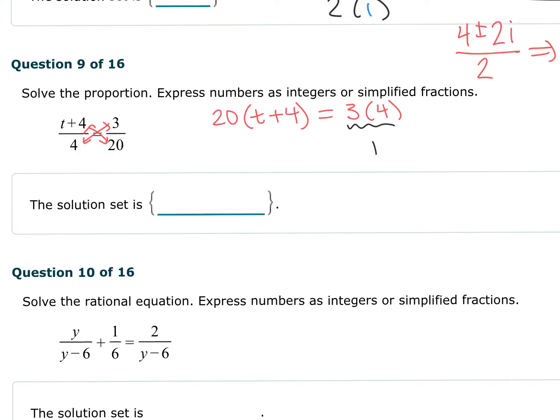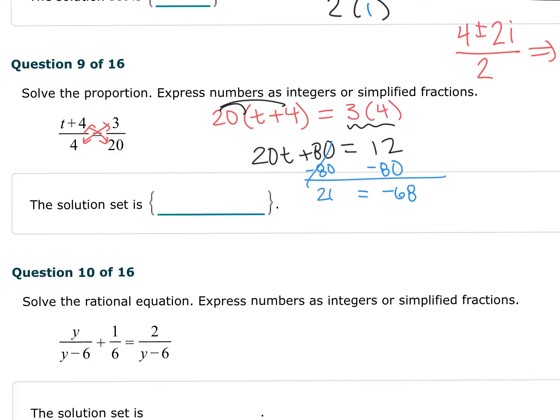So 3 times 4 is 12. I want to distribute my 20. So 20t plus 80 equals 12. And then I just need to solve this linear equation. So I'm going to subtract 80 from both sides. And when I do that, I end up with negative 68 here.